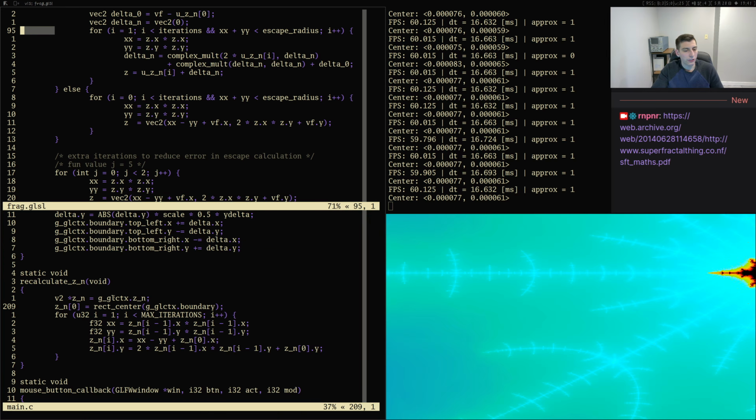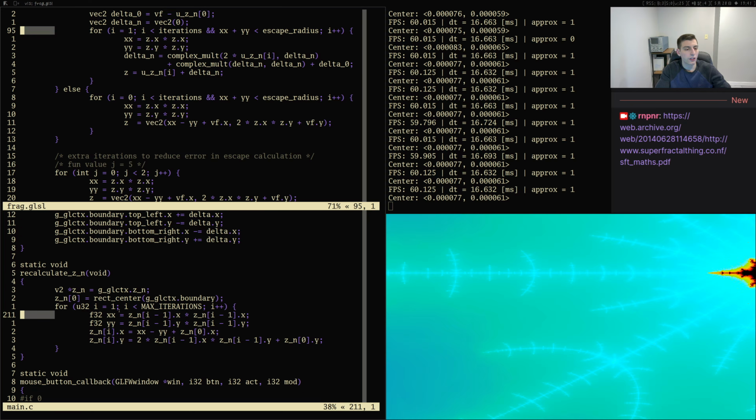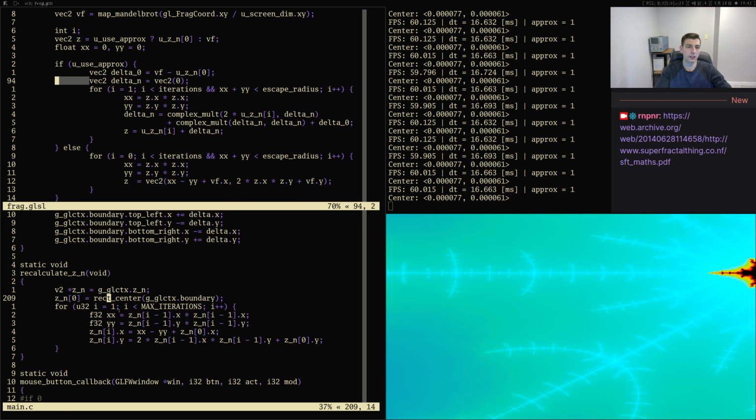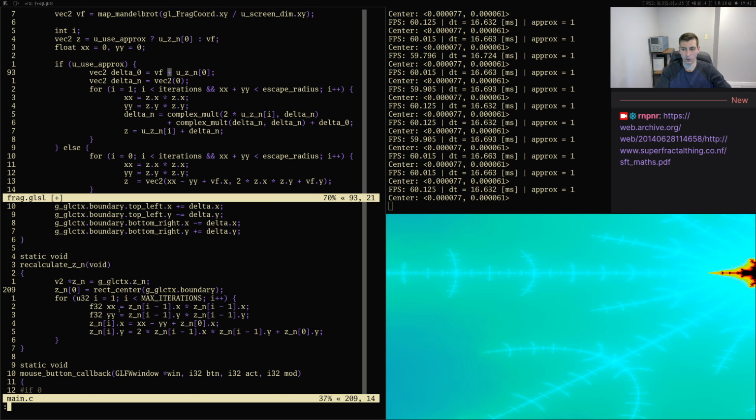What do we got here? So we get our rect center. The rect center shouldn't be negative. But we can try that in the fragment shader actually. If it's negative, then that's wrong.